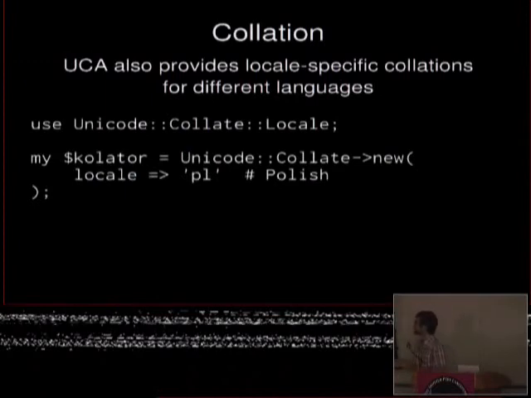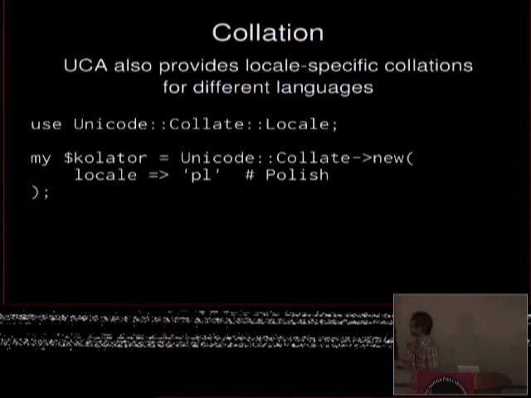So if you use Unicode::Collate::Locale, really using double colon Locale this time, and provide either the two-digit language code or a locale based on the language code underscore country code, if it's one of the available locales, it will provide collation tailored specifically to that language or that language at that country.